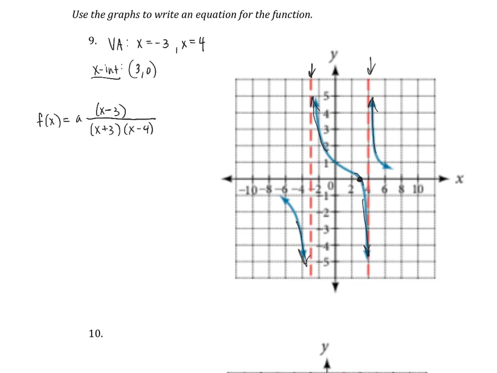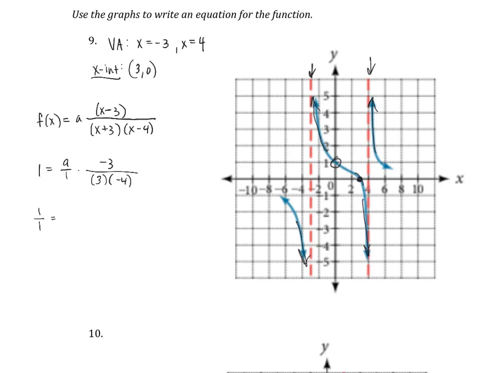Okay, and then we're going to find another point on the graph in order to figure out a. So I would always try to look for the y-intercept if you can, so that would be here. So (0, 1). So 1 equals a times 0 minus 3 is -3. 0 plus 3 is 3. 0 minus 4 is -4.